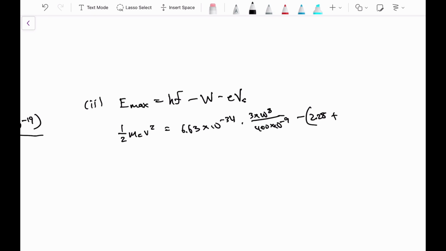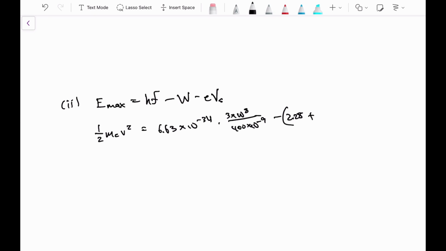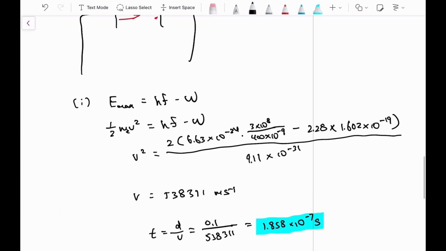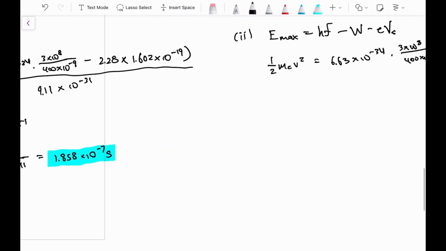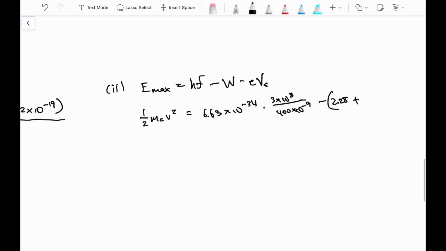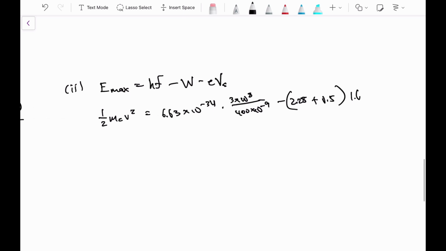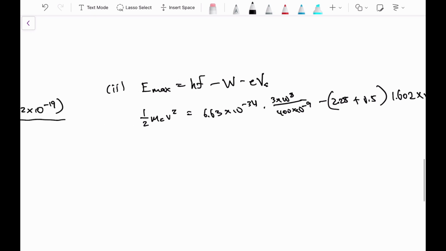I'm going to do this because both of them will be multiplied by the elemental charge. So the stopping potential applied is 0.5, plus the work function's 0.5, and then both of them times the elemental charge, or the charge of an electron.